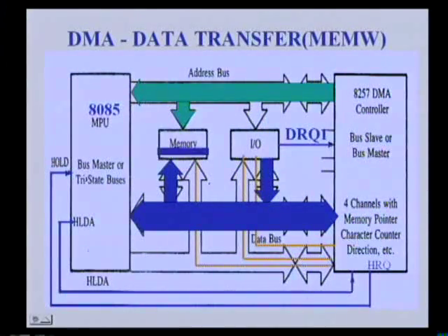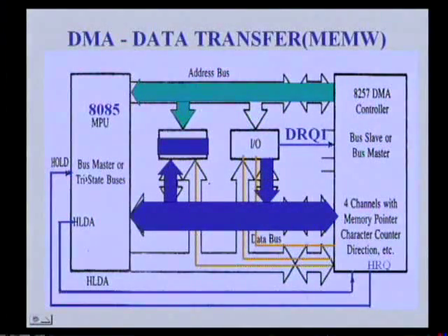As a result, memory will take data from the data bus and store it in the specified memory location. This way 1 byte is transferred from the floppy disk to the memory, and this will be continued until all bytes are transferred. When 1 byte is transferred, the count register gets decremented by 1, and this will continue until the count register becomes 0. So in this case the floppy disk is sending data to memory, hence it is a memory write.